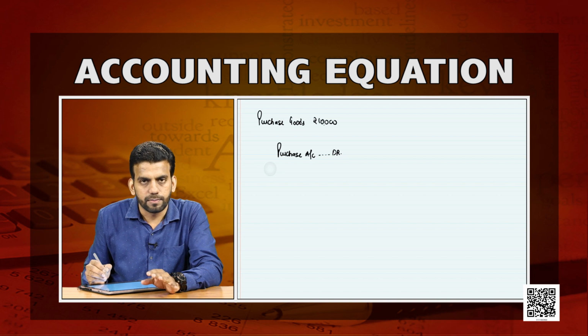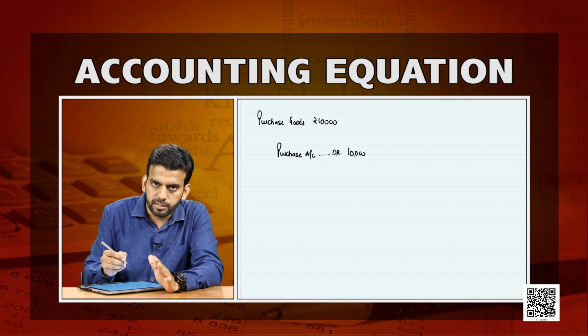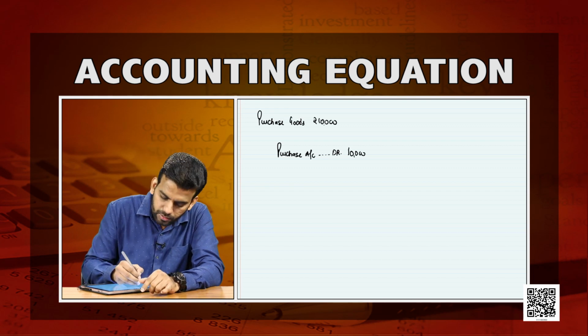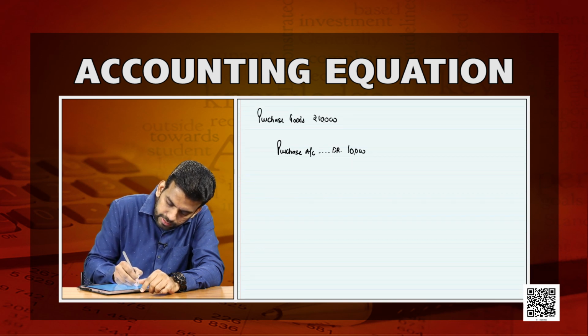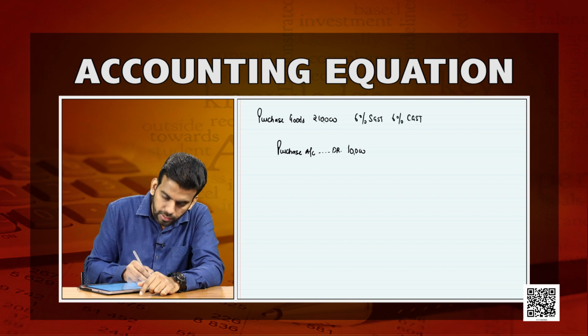No change in this. But I would like to do an addition. If I am buying goods, that means it attracts GST, 6% SGST, 6% CGST, right? So, make a rule in your mind: when purchase account is debited, GST is also debited. Clear? If purchase account is debited, GST is also debited if the question is of GST, right?